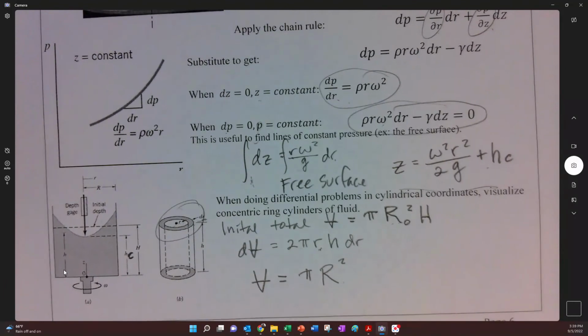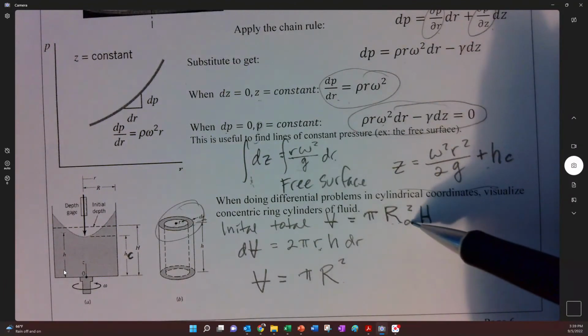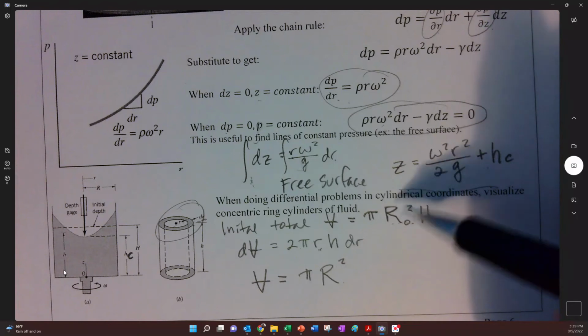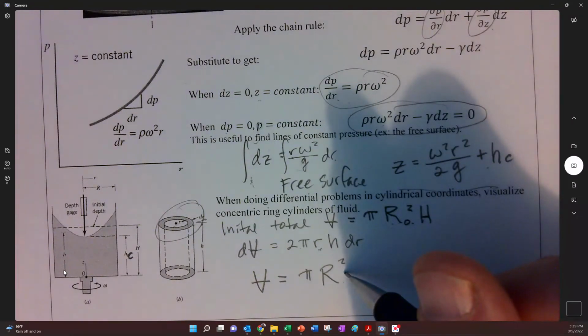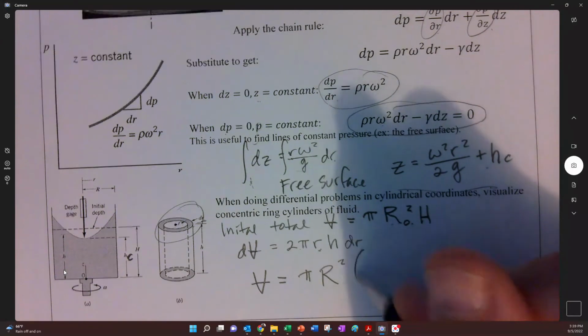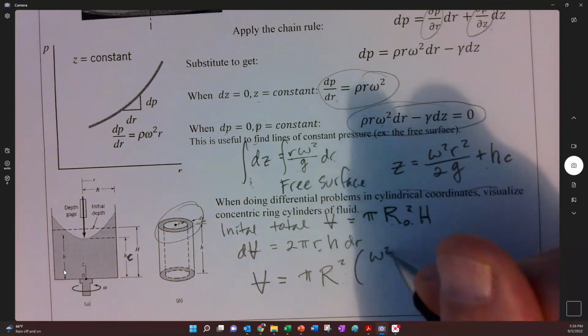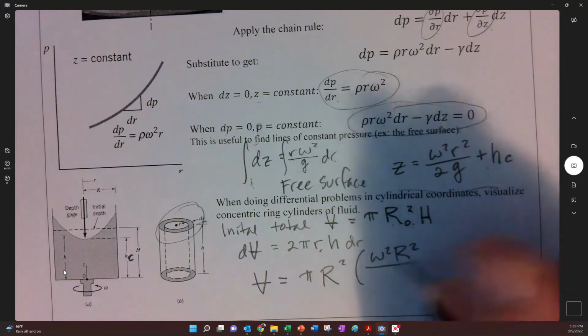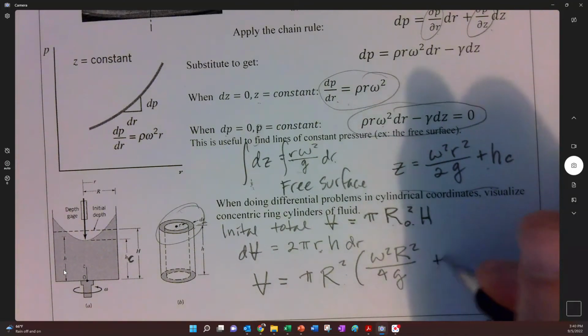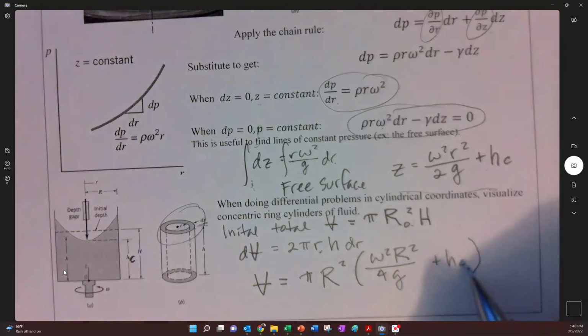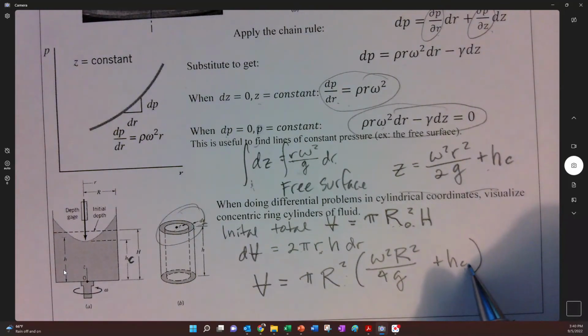I guess it doesn't matter. I just want to say that this was the outside radius of the thing. But I think this is also the outside radius. Times omega squared big R squared divided by 4g plus hc, right? And so hc is going to be the bottom.